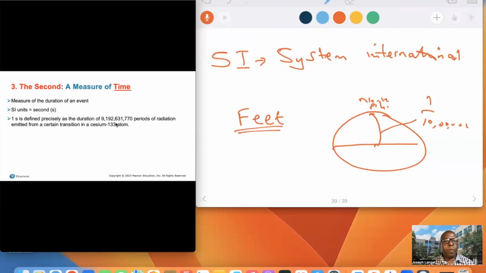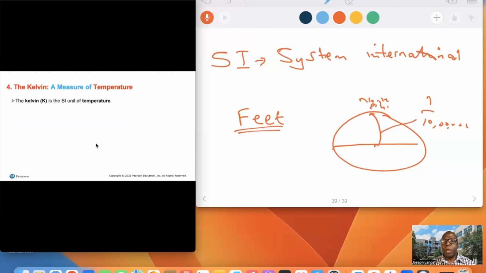Just to give you how the second was arrived at, it's defined precisely as the duration of about 9 trillion periods of radiation emitted from a certain transition in cesium-133, an isotope of cesium.